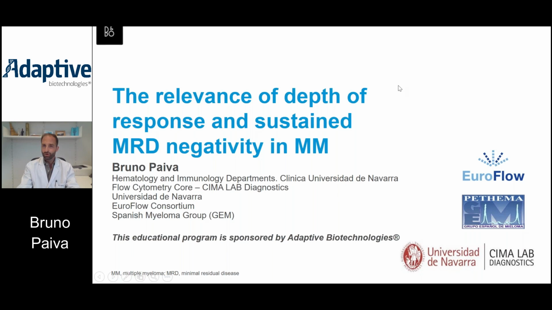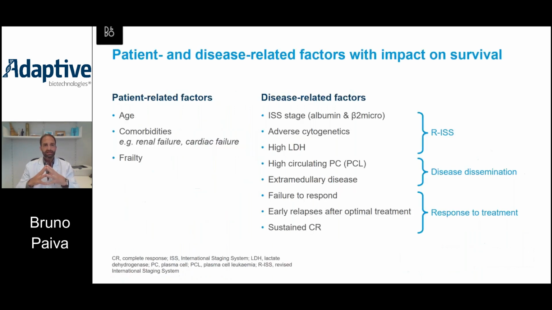I believe that you are all seeing the slides now. In this slide, you can see patients and disease-related factors with impact on survival.